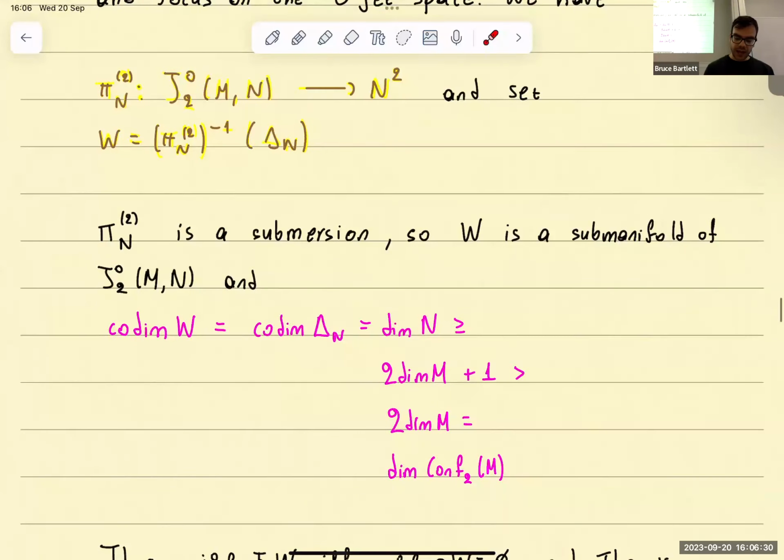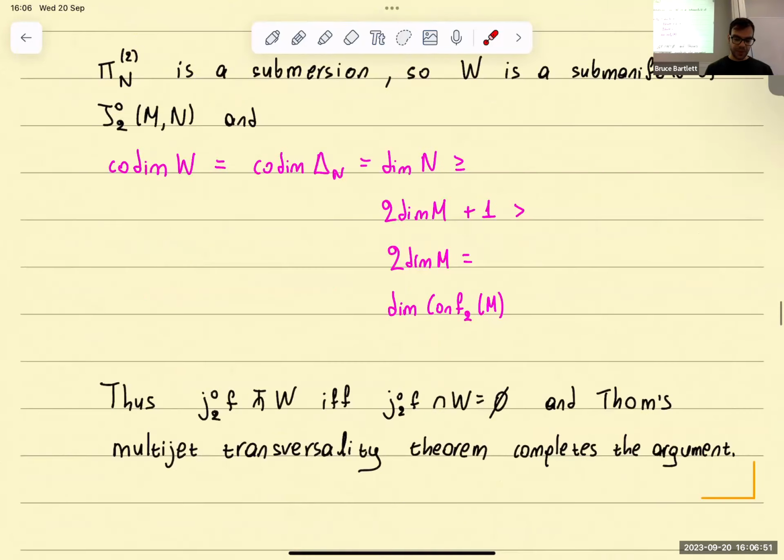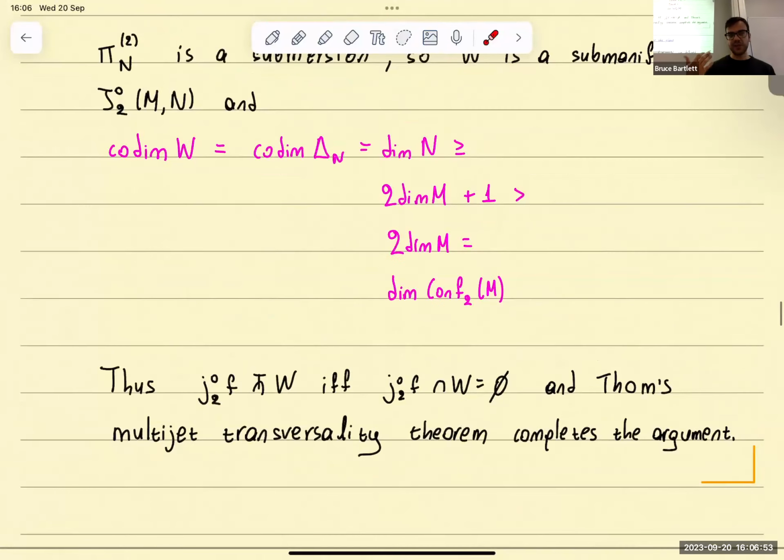And the dimension of N is greater than or equal to twice the dimension of M plus 1. That's the condition that enters the theorem, which is greater than twice the dimension of M, the dimension of the configuration space of 2 points. So again we got that the codimension of W is greater than the dimension of the space of the base. So it's again the same so far.